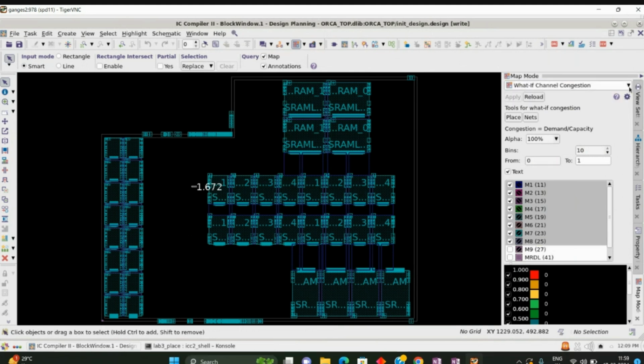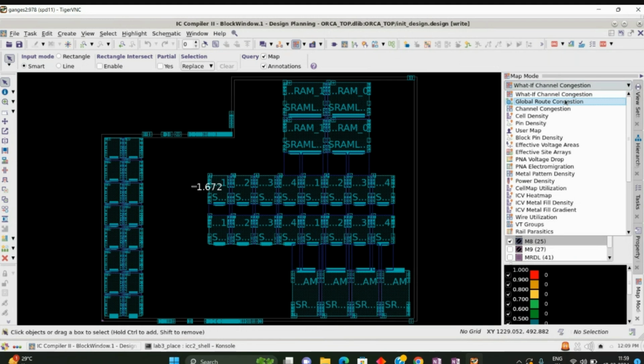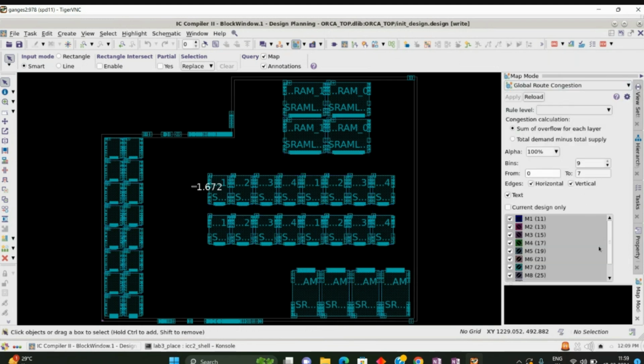Maybe we need to check with the global route congestion only, we can see it. Okay, current design.